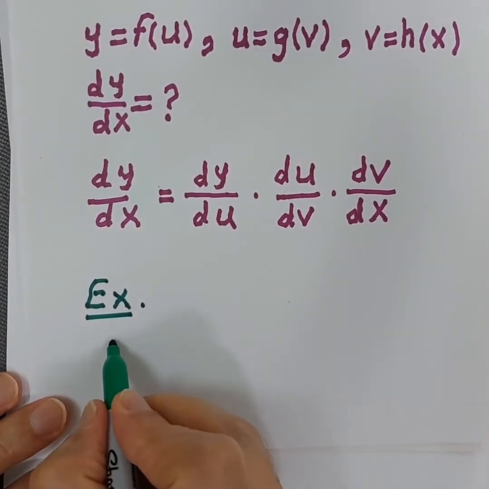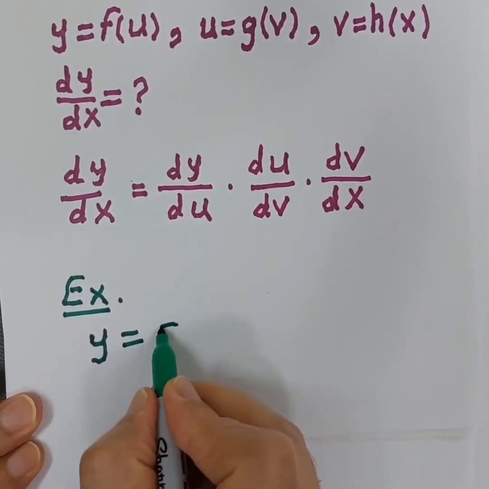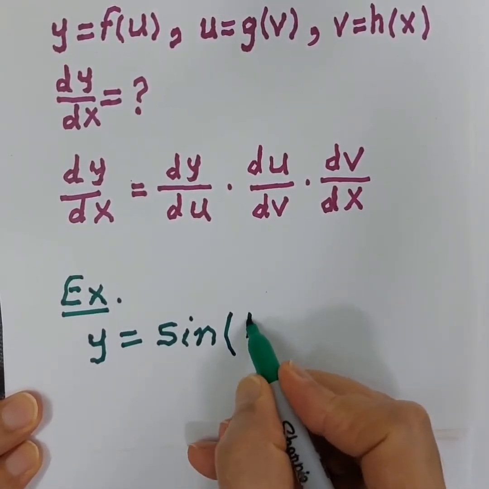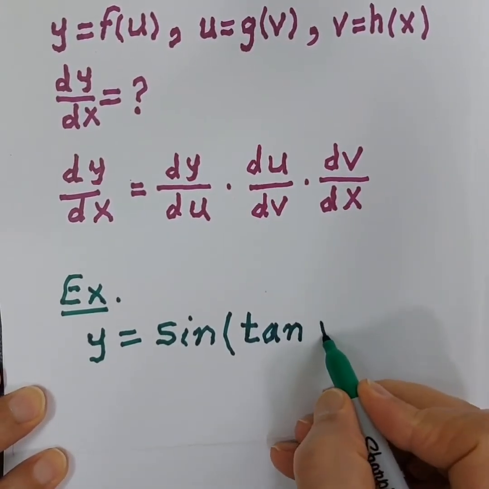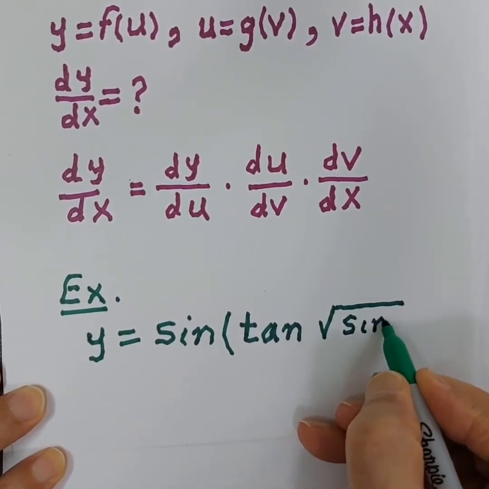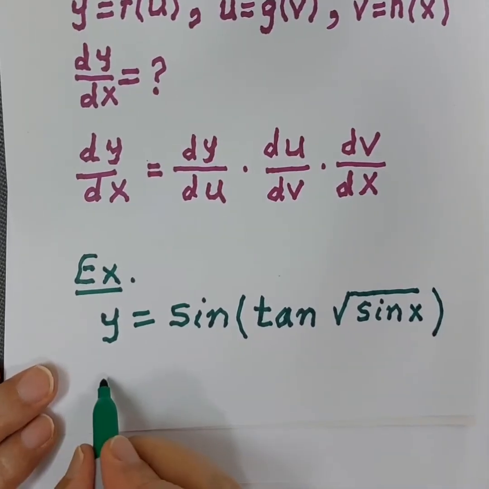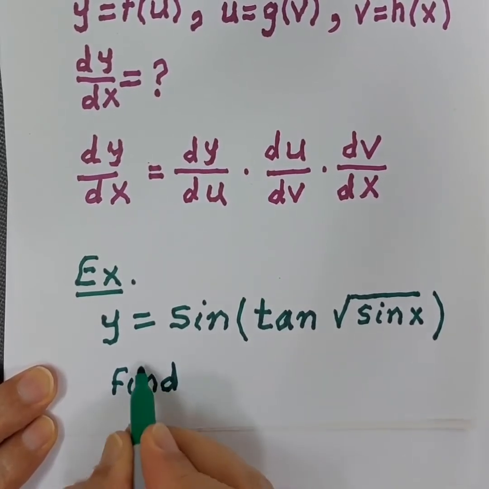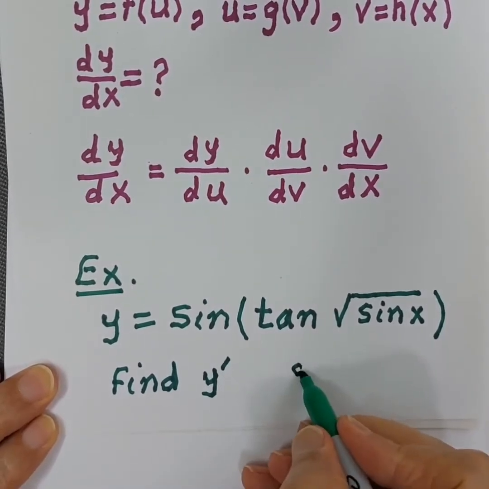If we have y is equal to sine of tan of square root of sine x, find y dash, which means dy by dx.